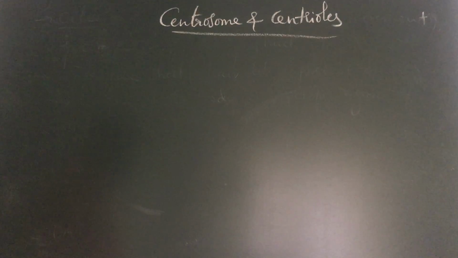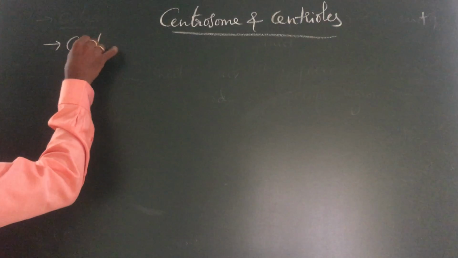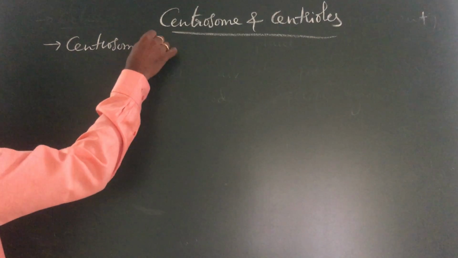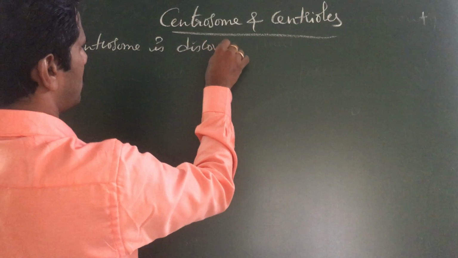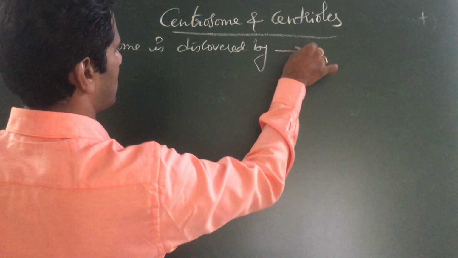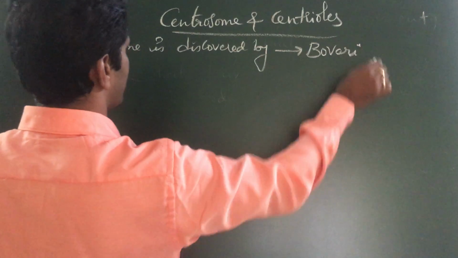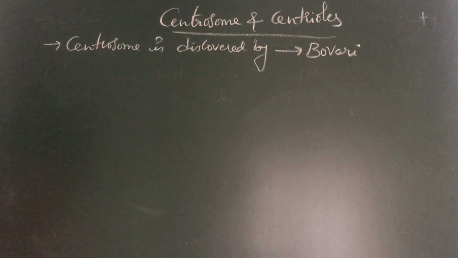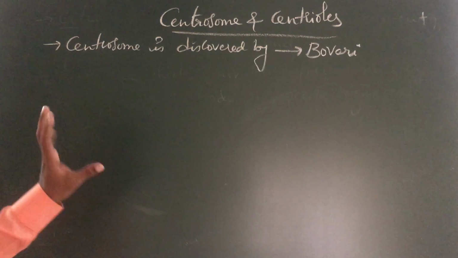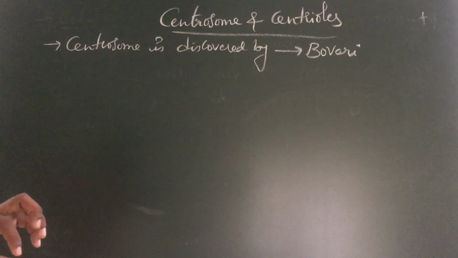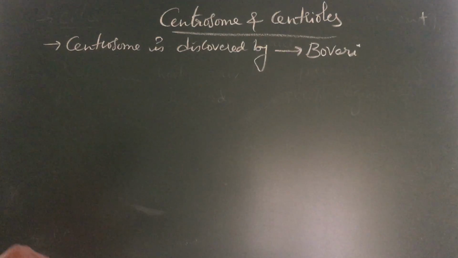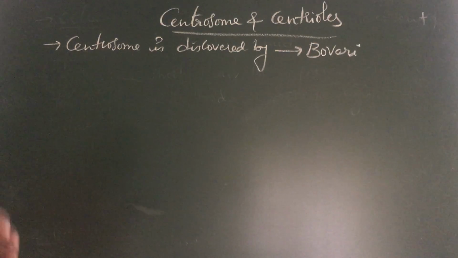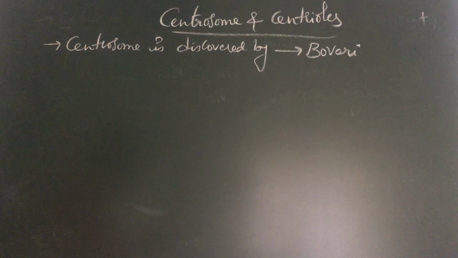The centrosome was discovered by the scientist Boveri. What do centrioles and centrosome mean? The centrosome is an organelle which has two cylindrical structures, arranged at right angles to each other, called centrioles.